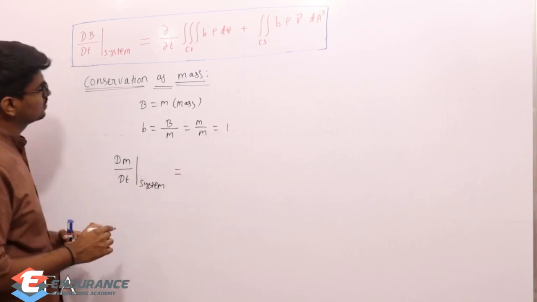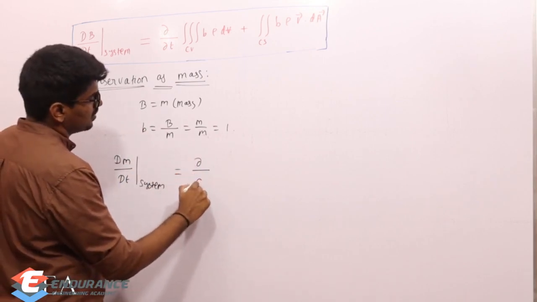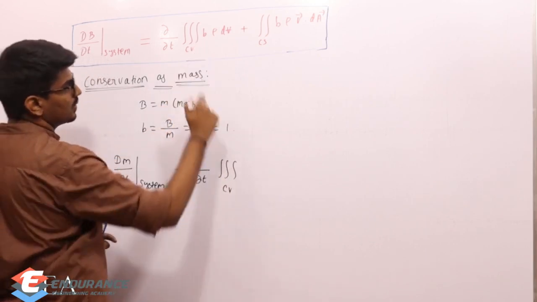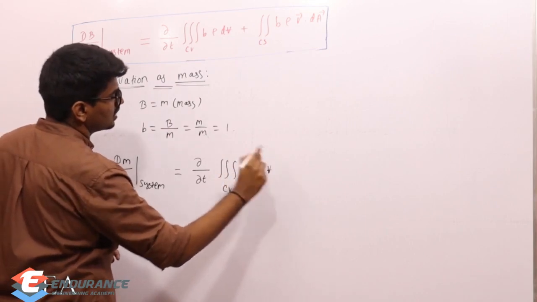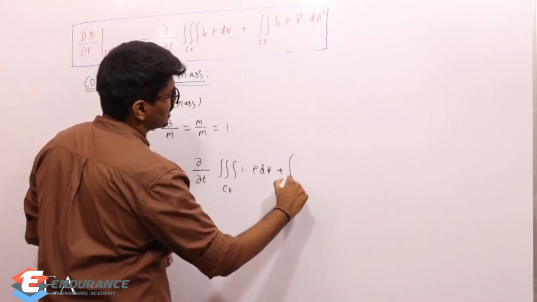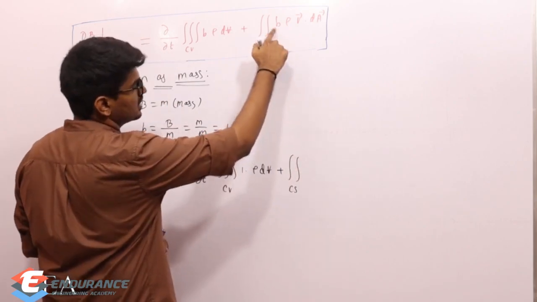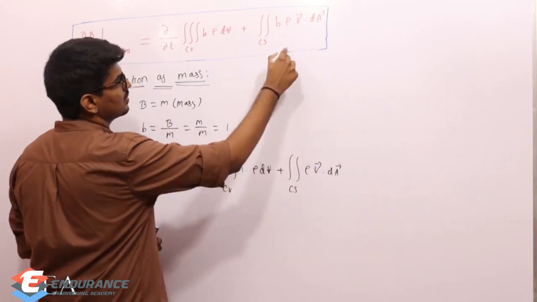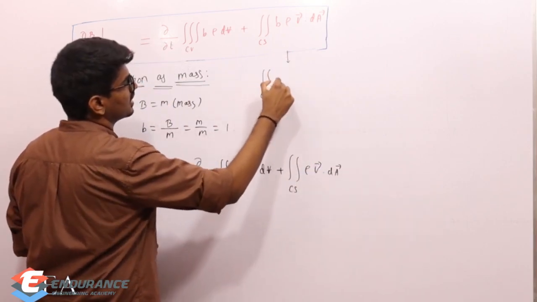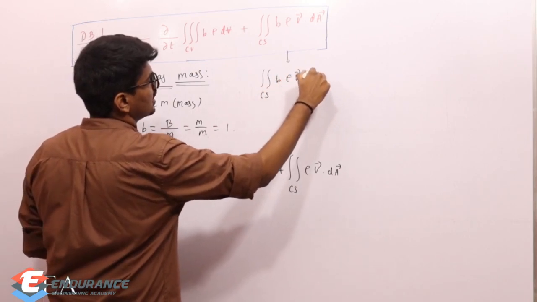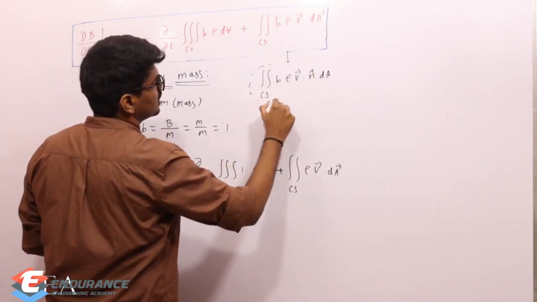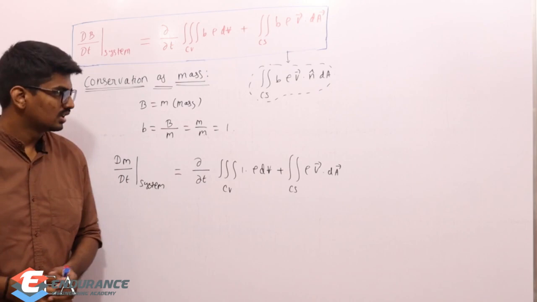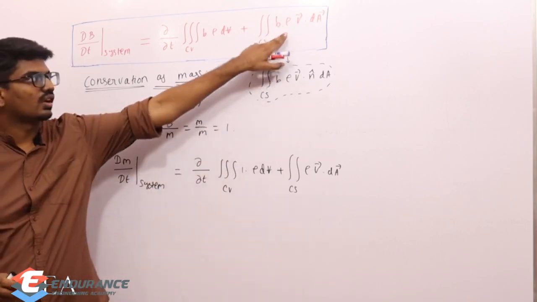That is equal to dou by dou t triple integration over the control volume, where small b becomes 1, so 1 into rho dV, plus double integration over the control surface, again with small b equal to 1, so rho into v vector into dA vector. Sometimes this can also be written as n cap into dA. It depends on the book, but we are going to follow this.